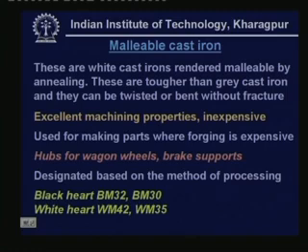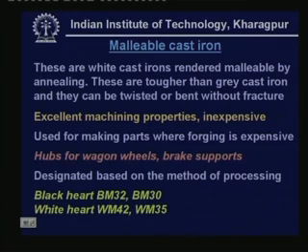Now, these are tougher than grey cast iron. What is toughness? We will learn later on. Toughness is somewhat a mixture of strength and ductility. It has a good amount of strength, and at the same time it has stretching characteristics. That is the reason it can be twisted or bent without any fracture.